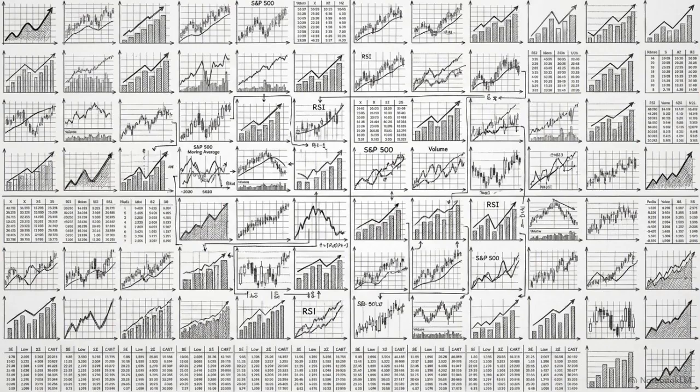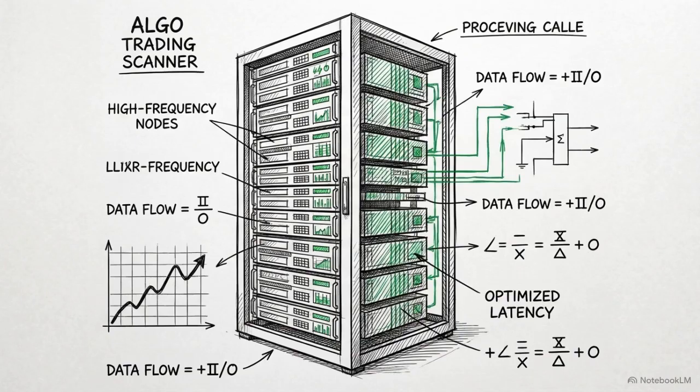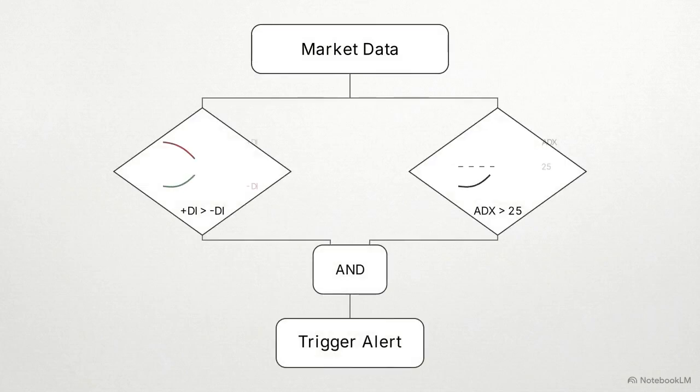Manually hunting for these specific DMI and ADX regime conditions across thousands of equities is inefficient and prone to human error. Systematizing these mathematical criteria requires a trading platform's automated scanner. This diagram shows the Boolean logic to program an automated long setup alert. Boolean logic uses true or false values to create strict conditional parameters.